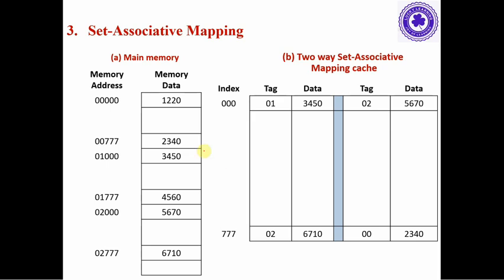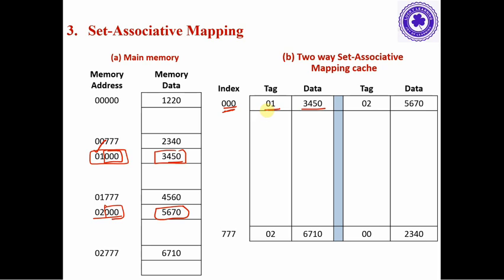Here you look at where we have to store this value. Let us take the example 01000, which holds 3450. Where is it to be stored? In the index 000 of the cache. We store the data 3450 along with the tag, which is 01. Suppose this other memory word is also to be stored in the index 000.